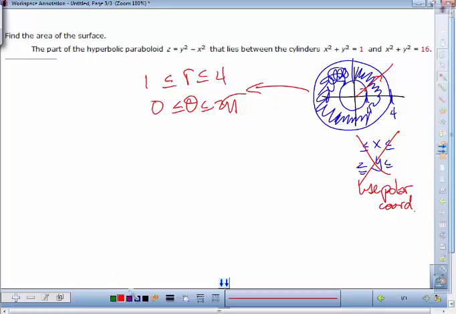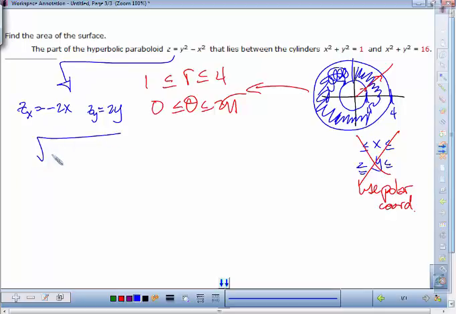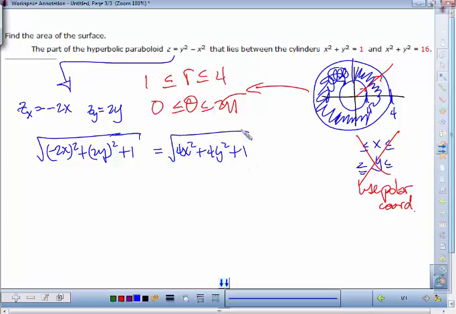So that's our setup, and now we need to figure out what our derivatives are so we can set up the integrand. Our derivatives will look like zx equals negative 2x, and zy equals positive 2y. Not that it matters, because we're going to square it anyways. So the integrand will be the square root of negative 2x squared plus 2y squared plus 1, which is 4x squared plus 4y squared plus 1.